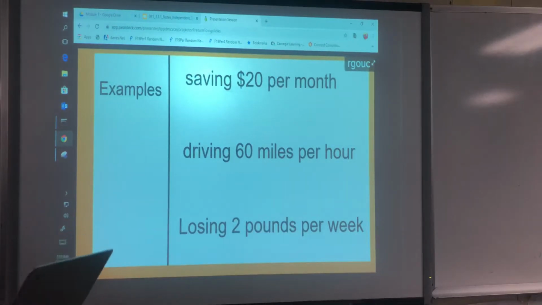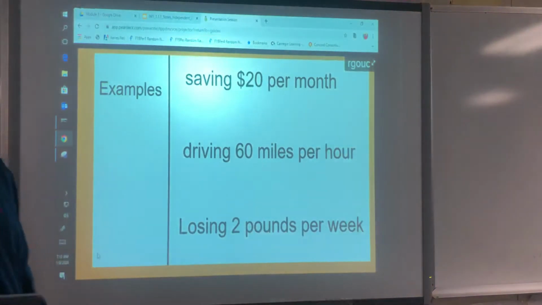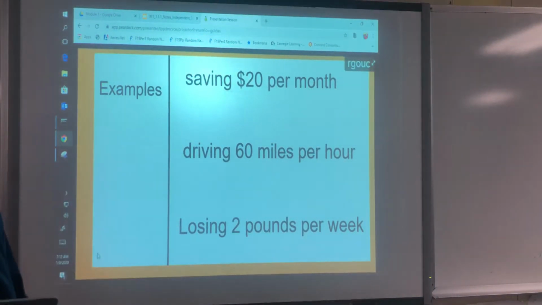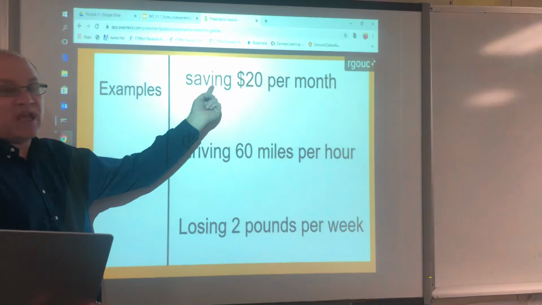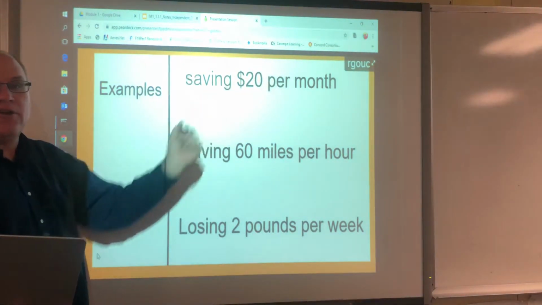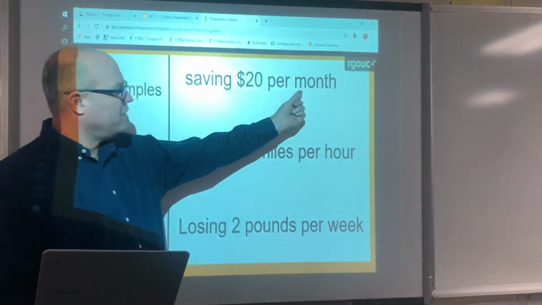So first example here is saving $20 per month. All right, so there's two quantities here. What are they? That's right. One is savings, how much you save, total savings, and your unit of measurement is dollars. Your other quantity is time. And what's the unit of measurement?